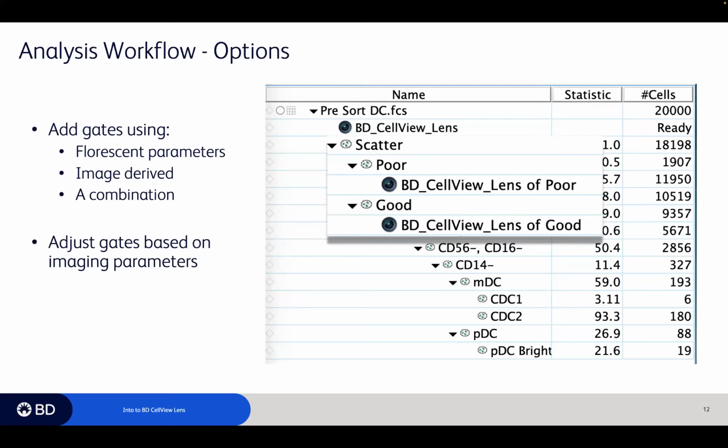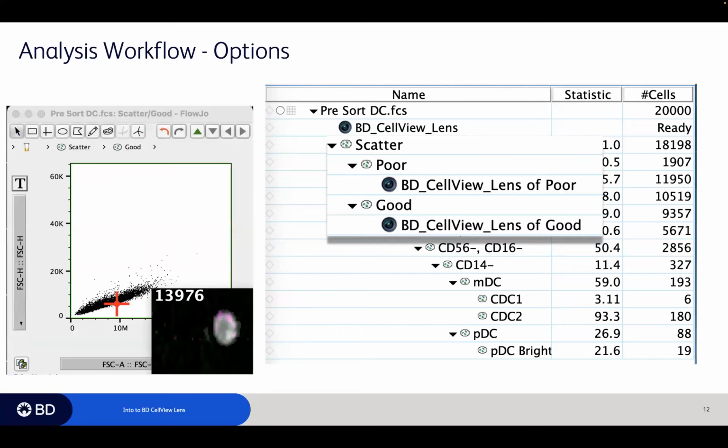And if you just drag and drop the CellView Lens node to another population, it will create a CellView Lens window for just those cells specifically, but maintain whatever filter and preference settings you've applied so that you can consistently look at the cells. So here, when I say, how do I adjust the gates to make it so, I can click a button and my graph window comes back up. As I move the cursor around, I can see cells that look better or worse. And I can identify if there is a portion of my data that seems to have a lot of things I want or a lot of things I don't want.